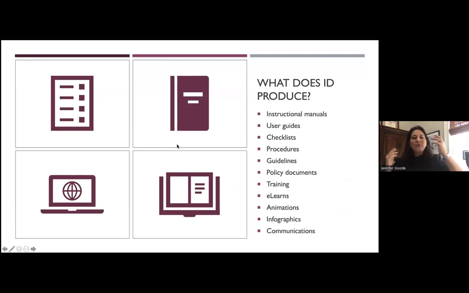So what do we now produce? If we delineate technical writing, well, that was technical writing, but how do we lay claim over the products that we produce? We create things like instructions, user guides, checklists, procedures, guidelines, policy documents, training, e-learns, animations, infographics, communications. All of these can be learning based.